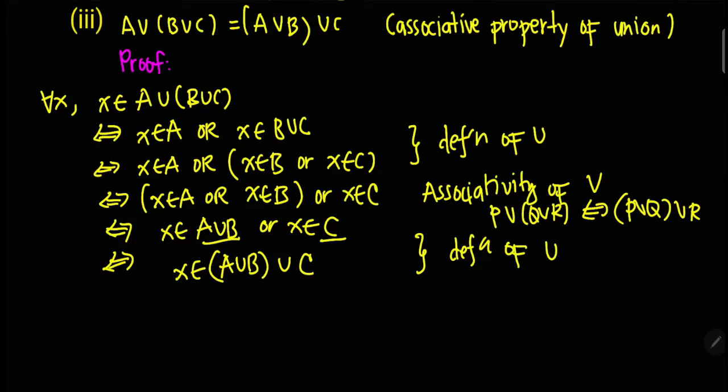Therefore, since x belongs to both sets, those sets are equal. So A union (B union C) is equal to (A union B) union C. And we are done. We are just using here the definition of set equality.